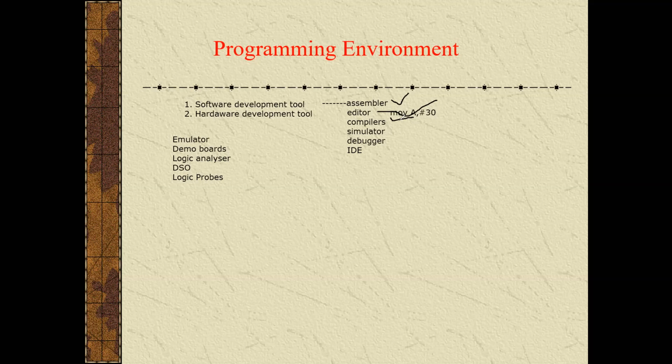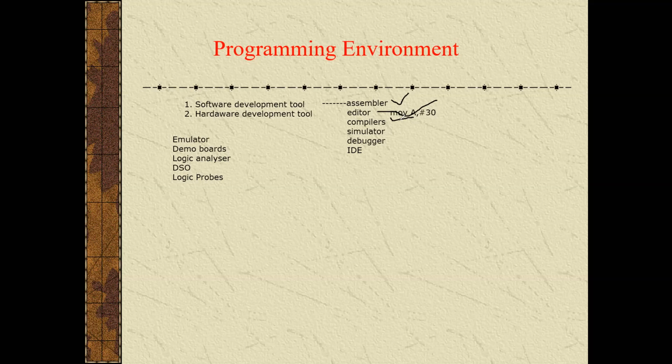The cross assembler takes the program written in an editor in the source language, and then converts it into the object code, which is generated by the assembler.